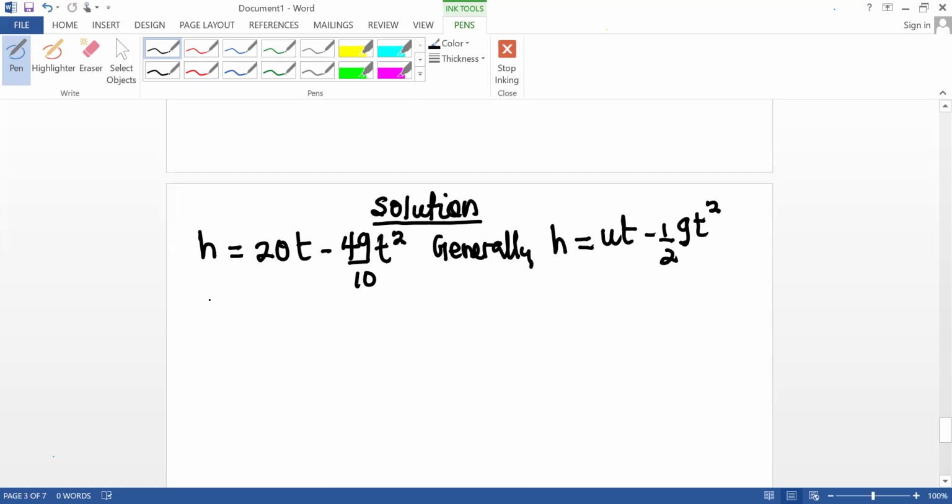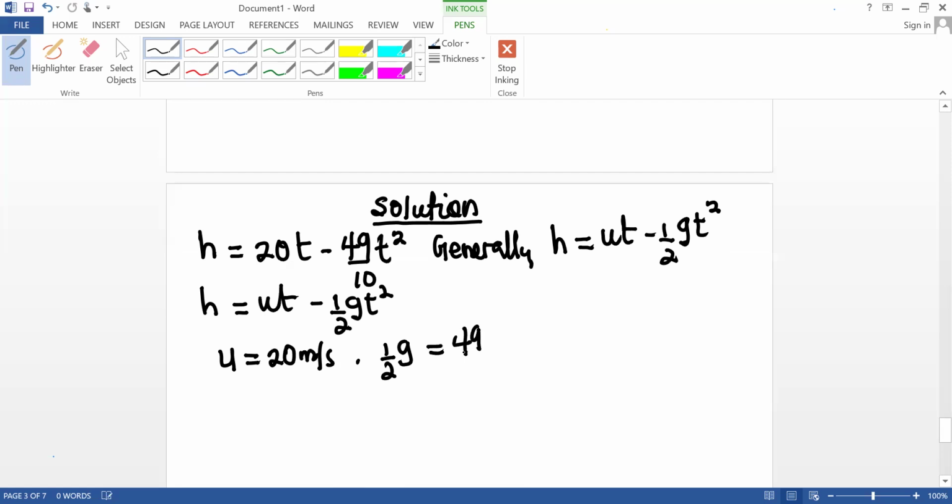So when we compare this, we can draw a conclusion. Straight away, it means that u is equal to 20. And we can also say that half g is equal to 49 over 10.